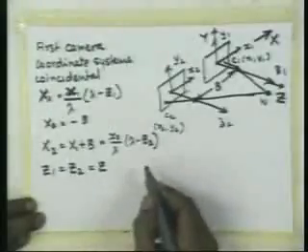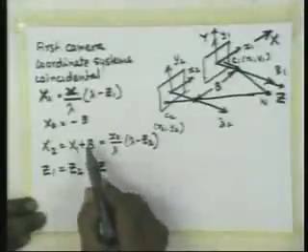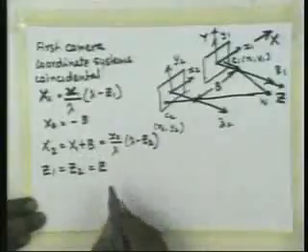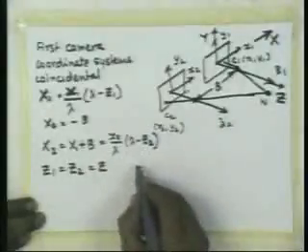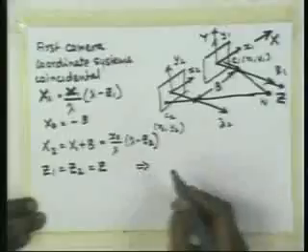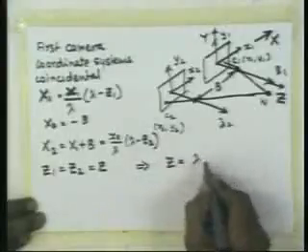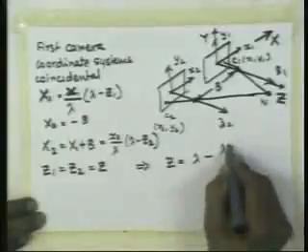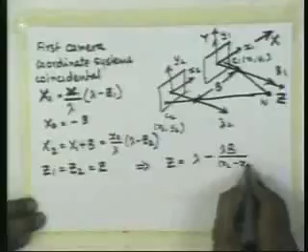So what I can do now is use this relationship, subtract one from the other to get a relationship, and substitute for z1 and z2 equal to z. From all this I get that capital Z equals lambda minus lambda b divided by x2 minus x1.